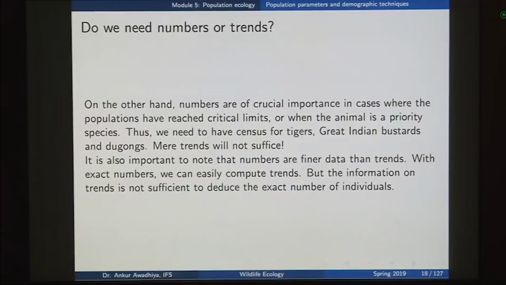So, if we just know that this year the number of tigers is greater than what we had last year, and last year was greater than what we had previous to last year, and that was less than what we had the year before, from that information you cannot figure out the number of tigers that we have today, but if we have the number of tigers, we can very easily compute the trends.